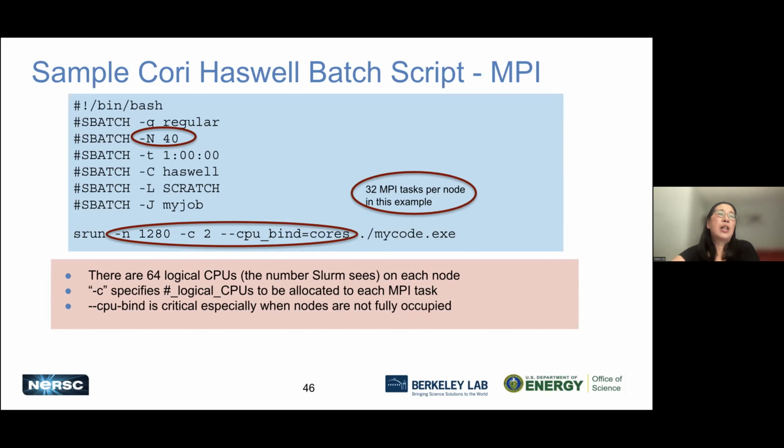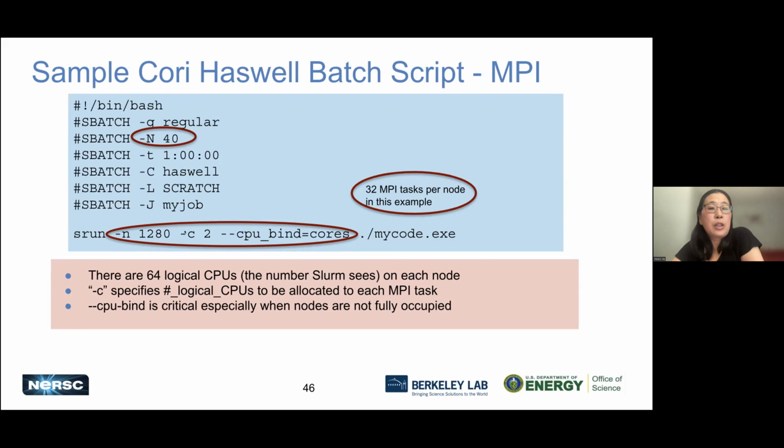In the MPI world, it's called how many MPI tasks I have to do my job. So here you have 40 nodes and we could run 32 MPI tasks per node. If we do that, then we will be running a total of 1,280 MPI tasks.